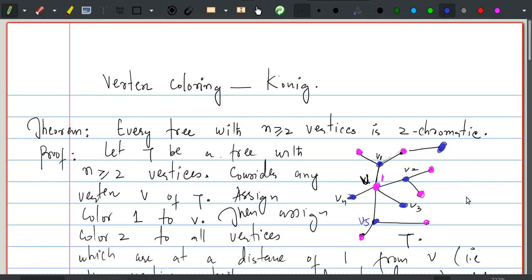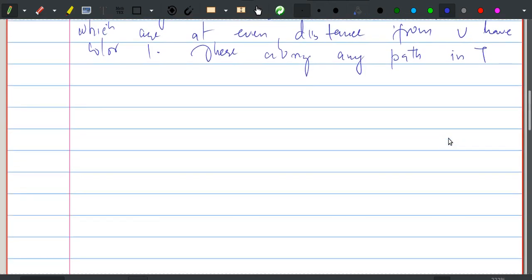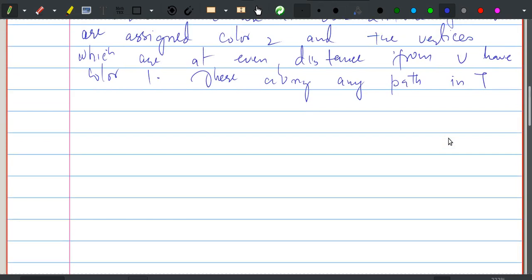One can see over here, if we look at a path from this vertex to this vertex, we have this alternating coloring: first pink, then blue, pink, blue, and so on. So therefore along any path in T, the vertices are of alternating colors.